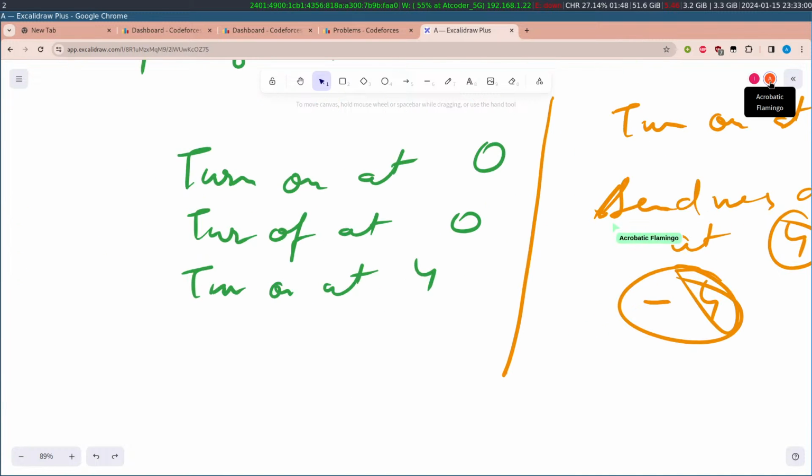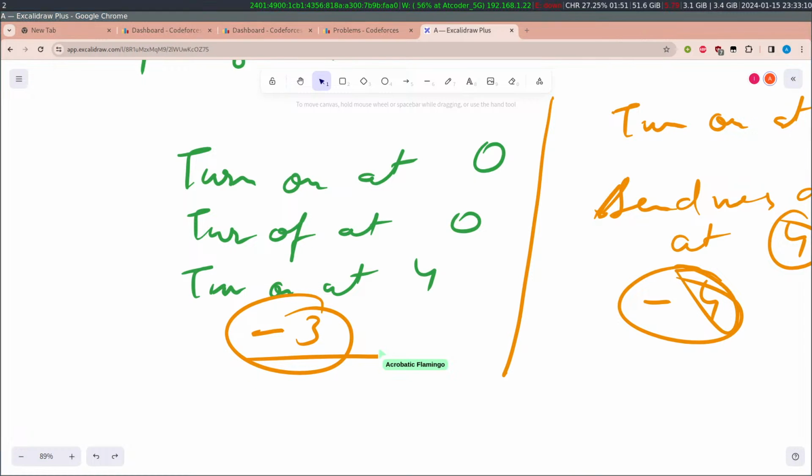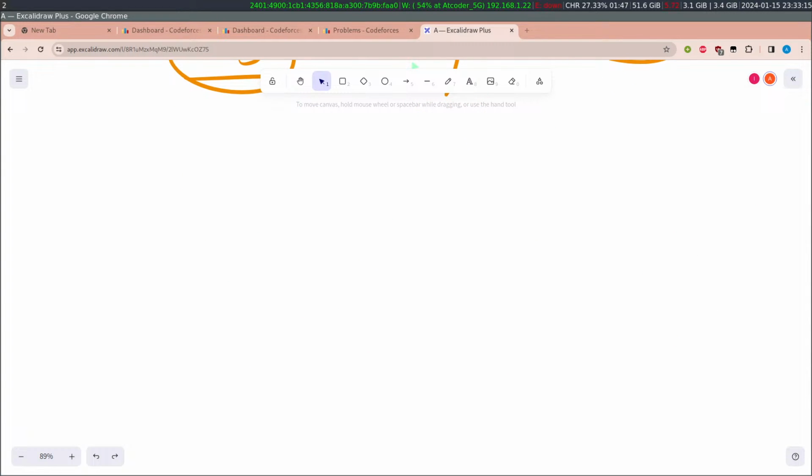And if you do the other scenario, there would be no charge due to the time it's running, but because of turning on and off, your charge will reduce by 3. So the main idea is that we can find out the moments when the phone must be on. Those are 0, m1, m2, m3, m4 up till mn.